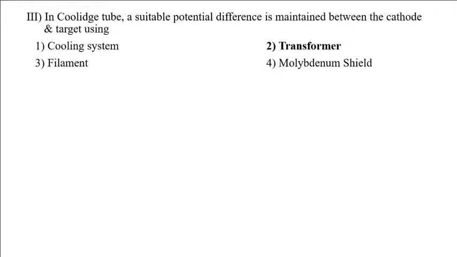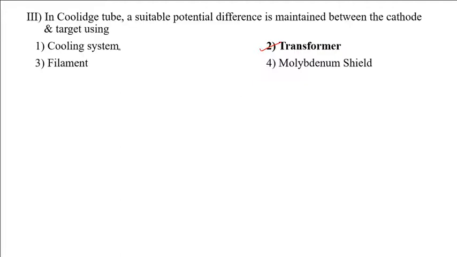Next question number 3. In Coolidge tube, a suitable potential difference is maintained between the cathode and target using transformer. So step-up transformer is used to maintain the suitable high potential difference between cathode and anode.